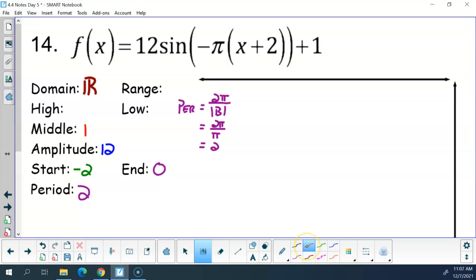So a high of 13. Two more to fill in. Low is negative 11, which gets me my range from negative 11 to positive 13.